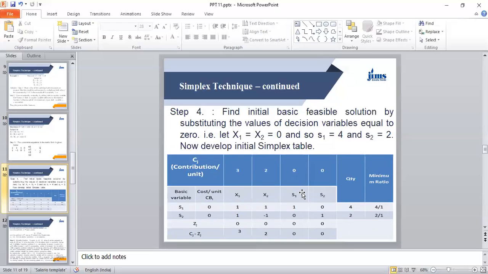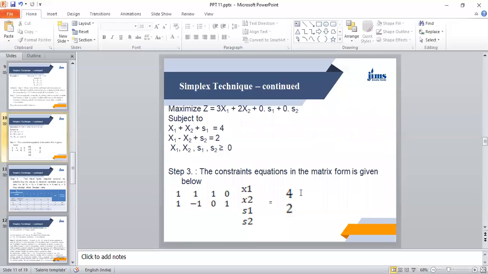So first row is Cj, we call it contribution per unit. It could be a cost also, or it could be a profit also. So this is the coefficient of the variables in the objective function. Here, maximize z is equal to 3x1 plus 2x2 plus 0s1 plus 0s2.